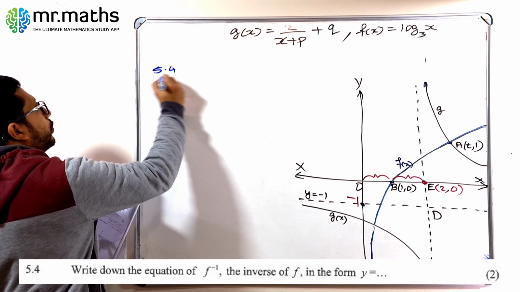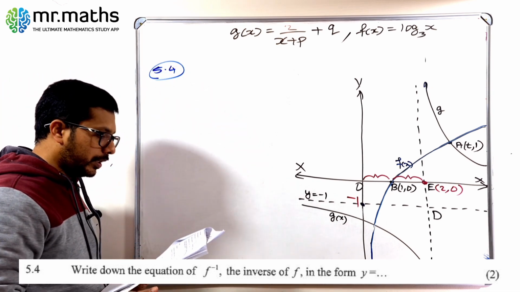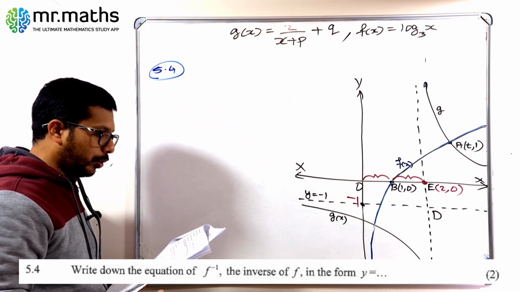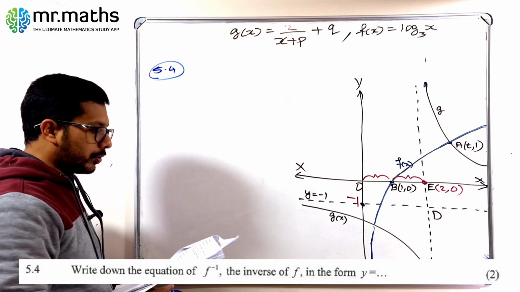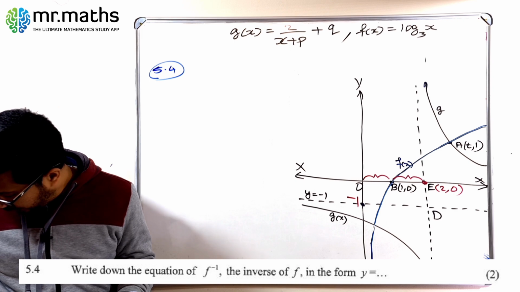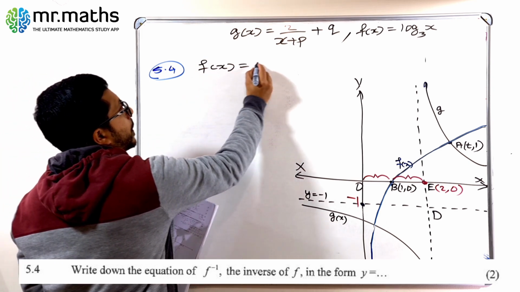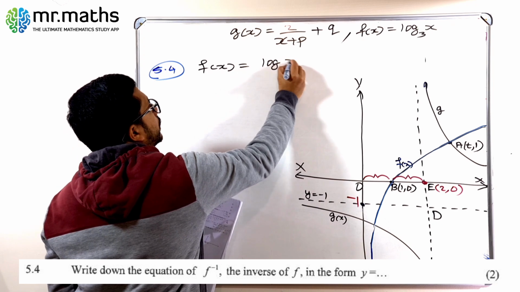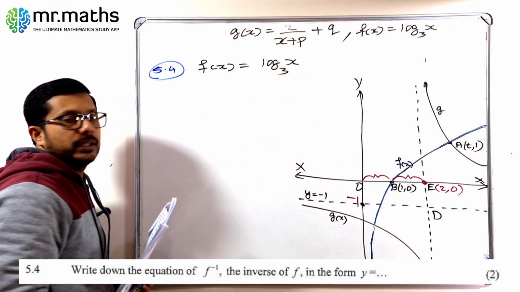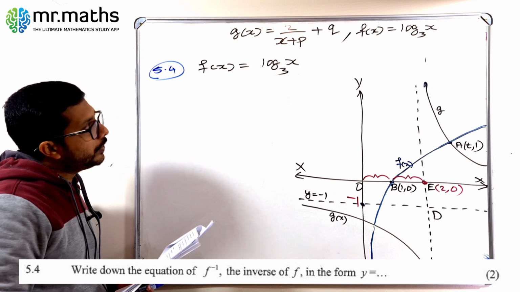Question number 5.4. What is that question? Write down the equation of f inverse, the inverse of f, in the form of y is equal to. So now what is our equation f of x? Our equation f of x is log x to the base 3. That is our equation, and here you have to write f inverse.